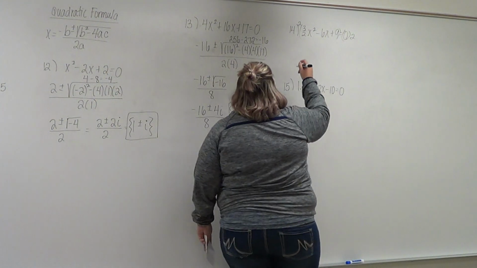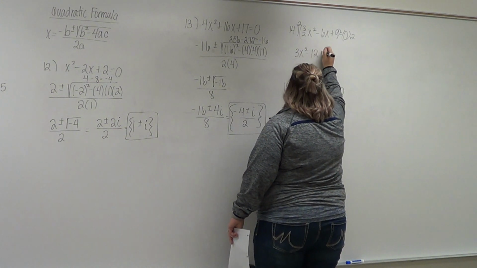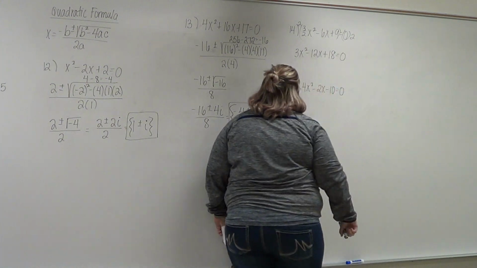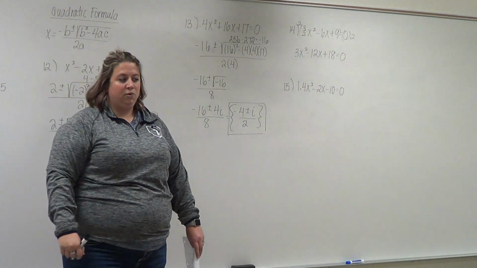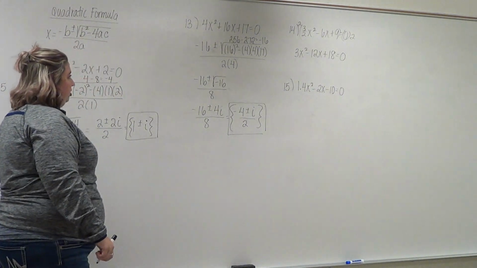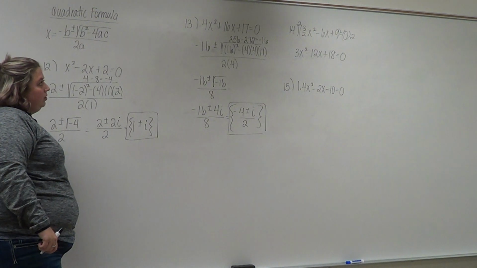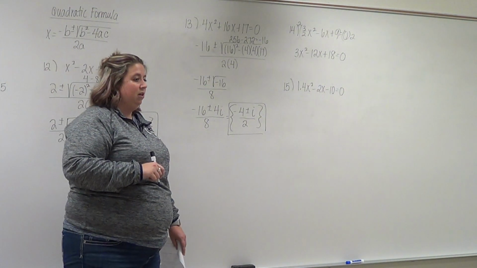So then I would have 3x squared minus 12x plus 18 equals 0. And then I do the quadratic formula for that. Okay, I'm not going to finish solving it out, but if you want to, you can. So whatever the denominator is, that's what you're going to multiply by.